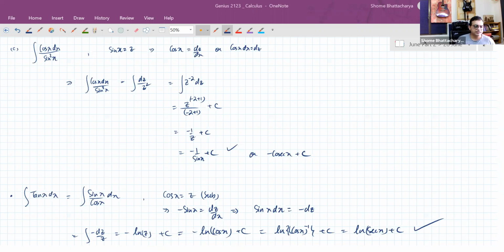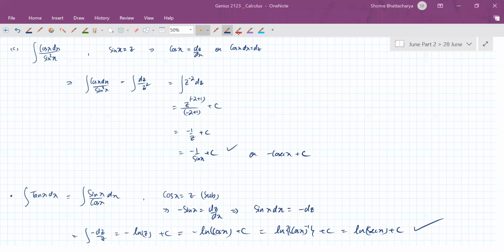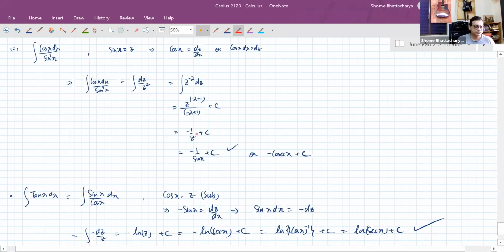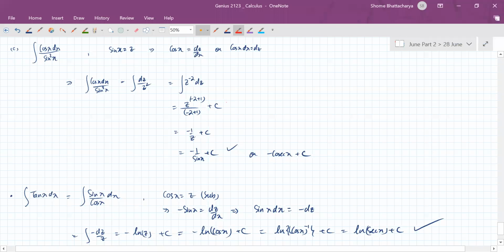So z has to be resubstituted as whatever the function g(x) was. So resubstitution comes after completing the integration. In that antiderivative, we have to resubstitute z as whatever our g(x) was. So here our g(x) was sin x. Here our g(x) is cos x in the tan x one, right? Yes, sir.